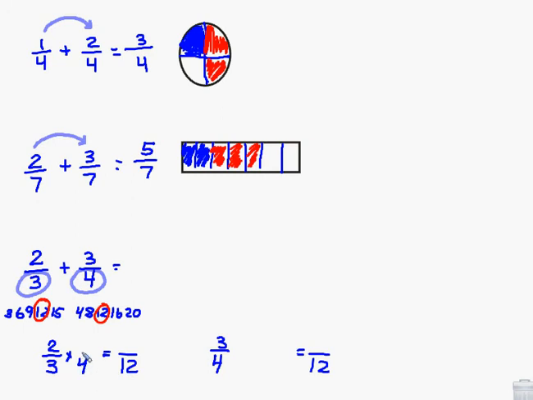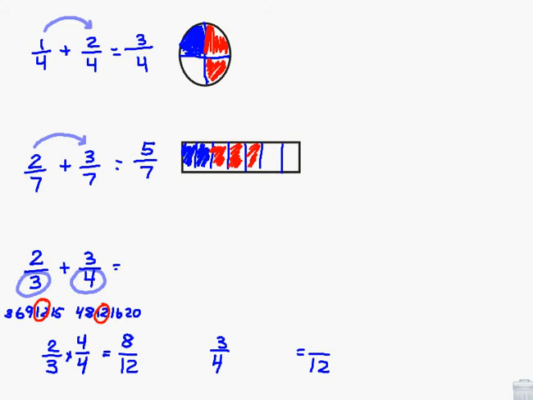And whatever we do to the denominator, we have to do to the numerator, because 4/4 is equal to 1 whole. And when we multiply by 1, the value doesn't change. So if 3 times 4 is equal to 12, then we multiply 2 times 4, and 2 times 4 is equal to 8. 2/3 is equal to 8/12.